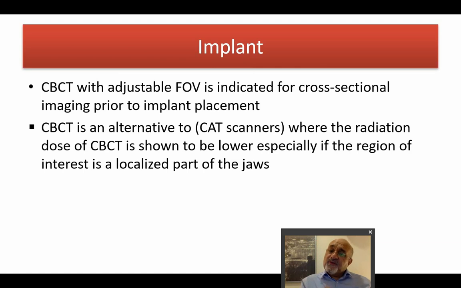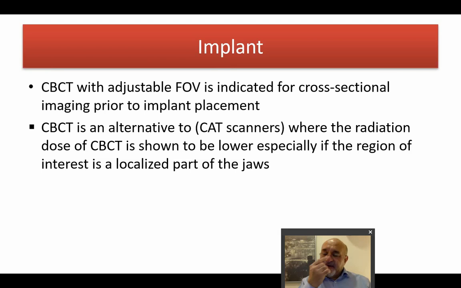Other colleagues would be satisfied with an OPG, just to have a bigger coverage of the implant site. So it depends on your choice. If you feel that you are satisfied with a periapical intraoral radiograph, then it is up to you.